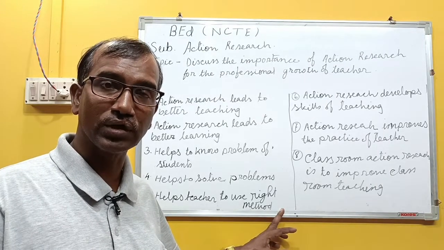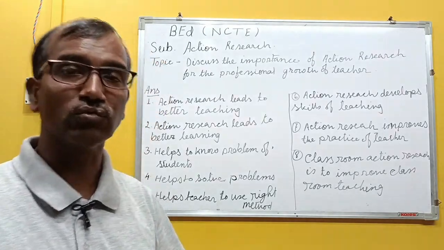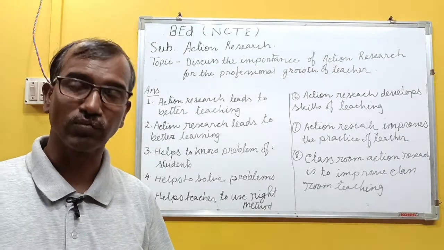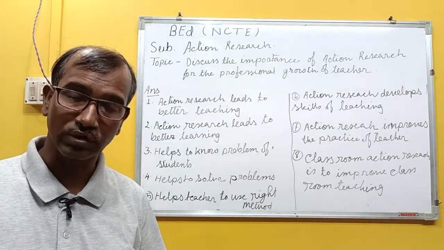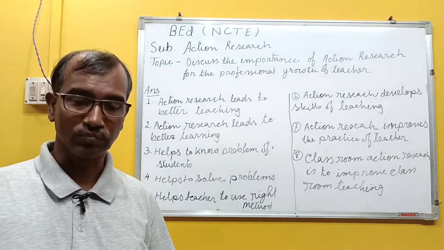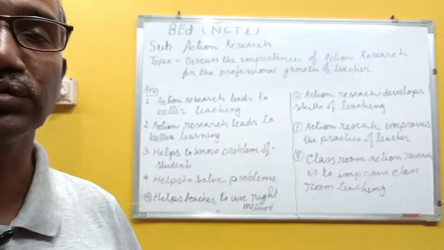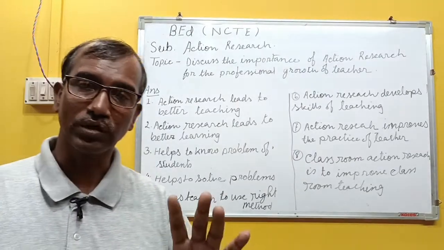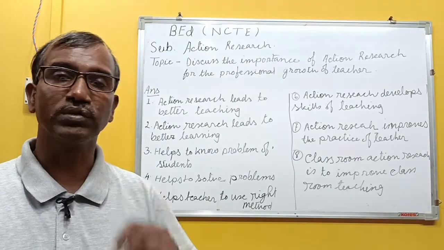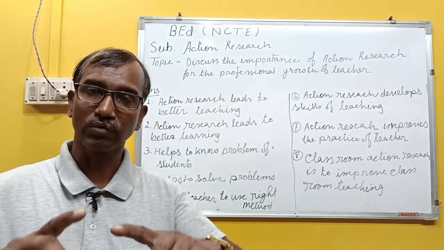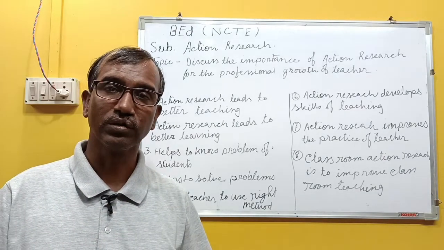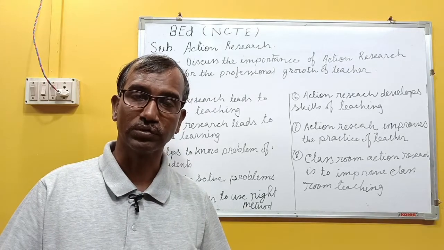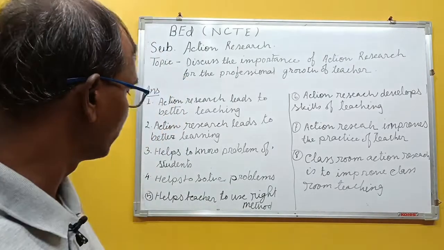Action research helps teacher to know the right method for a particular group of students, for a particular level of students, because it is action research which will help the teacher to know the utility and suitability of a particular method for a particular level of student, considering their IQ, considering their mental capacity.